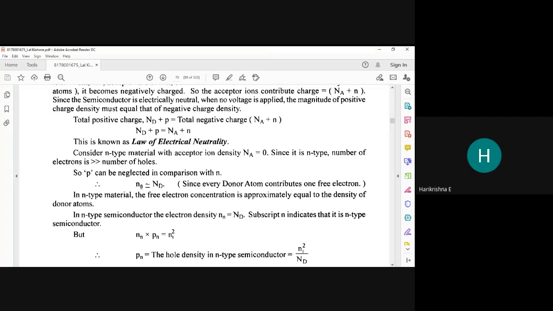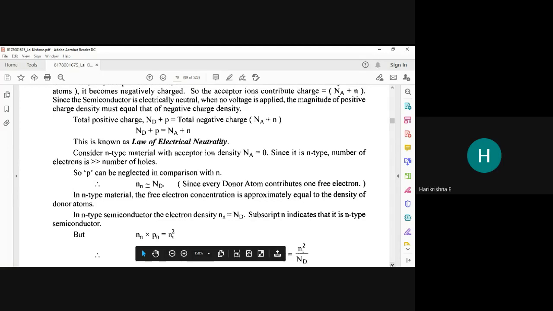This first N indicates electron concentration, and the small n, second n, indicates N-type semiconductor. Electrons in N-type semiconductor is approximately equal to the donor concentration, that is equal to the density of donor atoms.